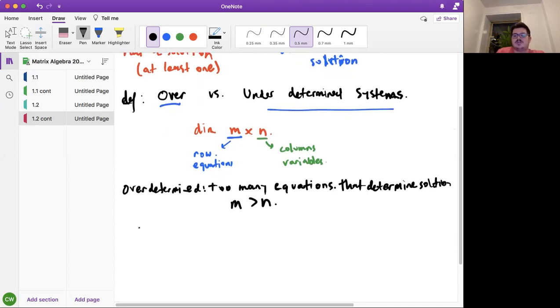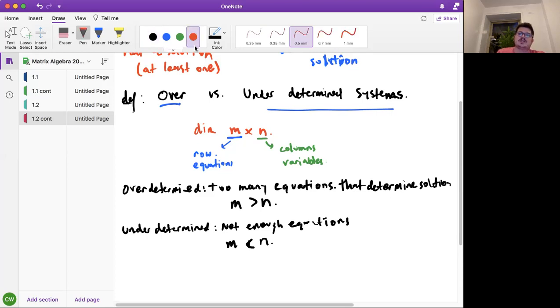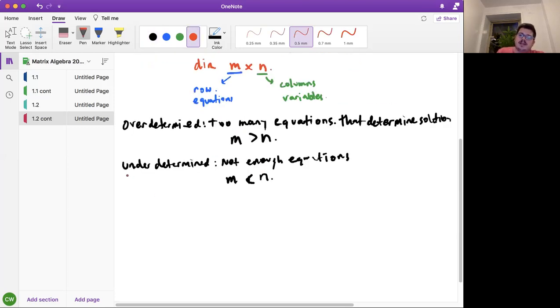And then underdetermined is there's not enough equations, or you can say too many variables. I like to just think of it as not enough equations. So this is usually m less than n. The interesting types of systems, which we'll work more with today, are underdetermined.